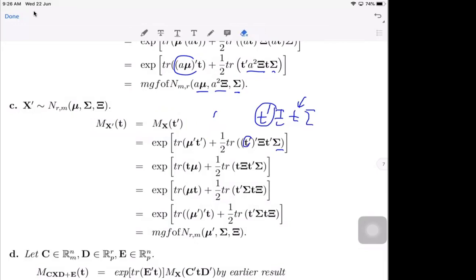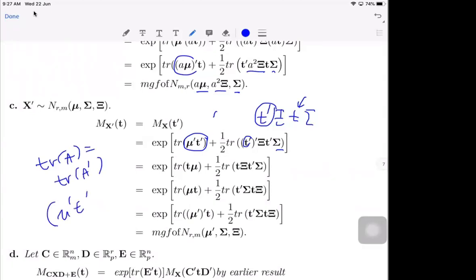Okay, so by property of trace, the trace of a is just equal to the trace of a prime. So that means mu prime t prime, if you take the prime, will be t mu. So that is t mu. And here, the trace of AB is equal to the trace of BA. So this is true.